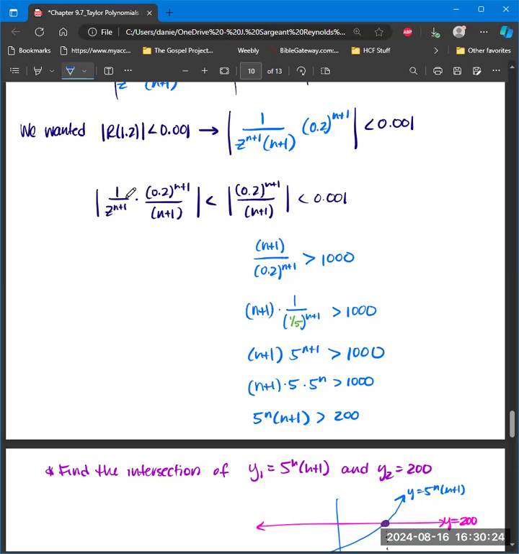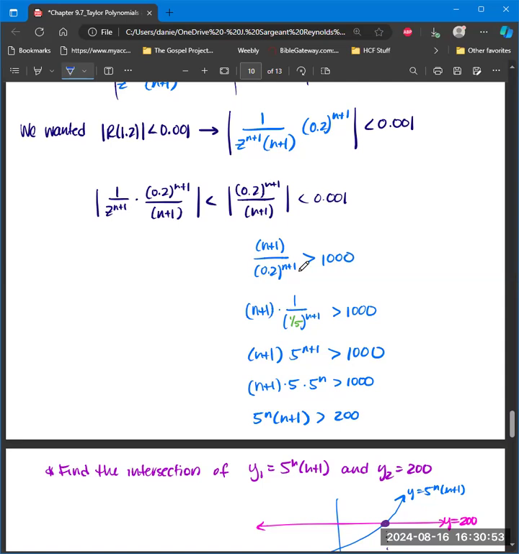So we're going to put on the right-hand side that this is less than 0.2 to the n plus 1 over n plus 1 needs to be less than 0.001. And then we're going to take the reciprocal here and switch the direction of the inequality. And we get 1,000 here.